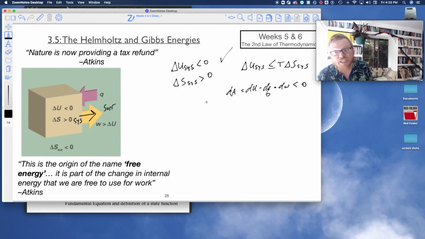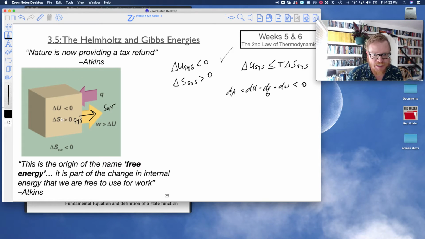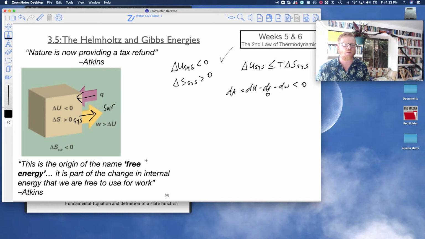So there should be a decrease in entropy, but there's not. There's an increase of entropy in the system. And why is that? Well, that is because in order for this to happen, heat has to flow into the system. That's what's going on. You saw the picture there, but I didn't leave it described, okay?